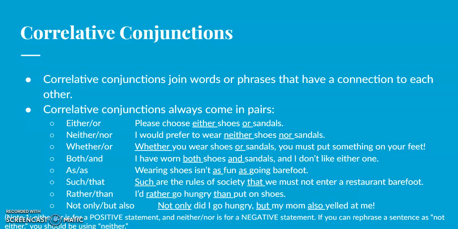So the words, phrases, or clauses all have a relationship with each other. The important thing to keep in mind with correlative conjunctions is that they always come in pairs and, like coordinating conjunctions, can join words, phrases, or clauses. Take a look at the sentences below. I've underlined the correlative conjunction in each one.